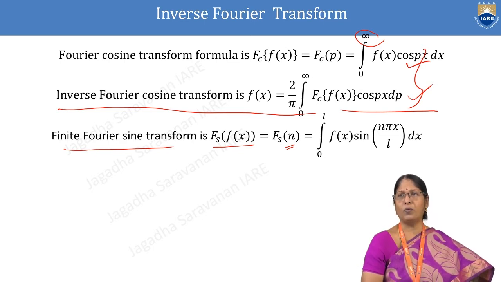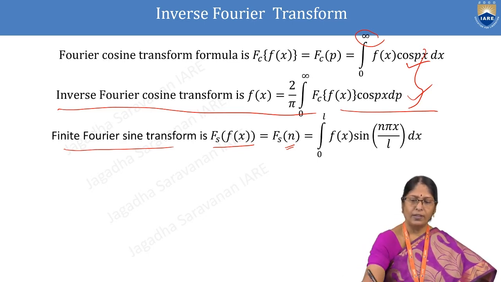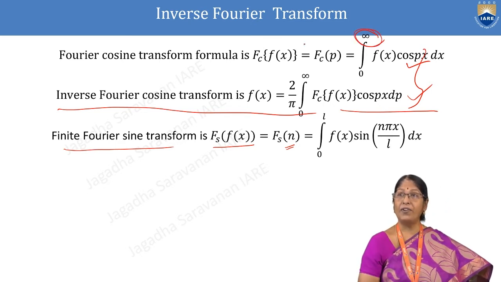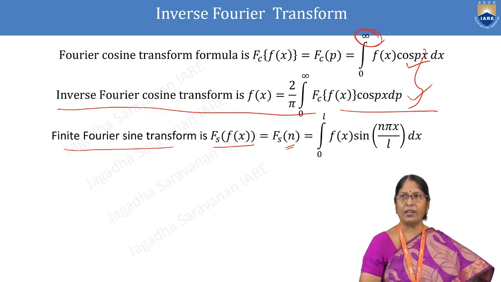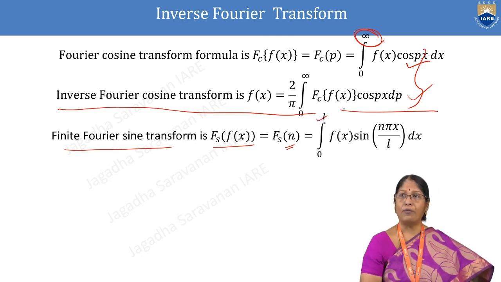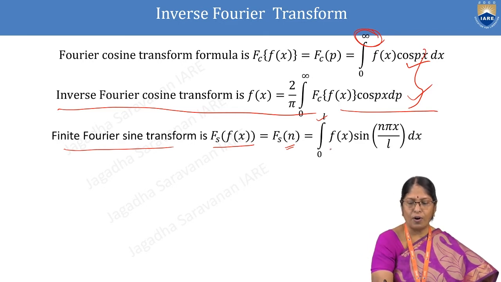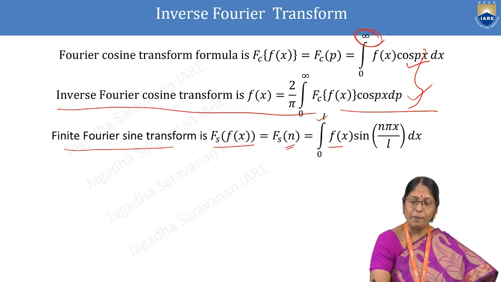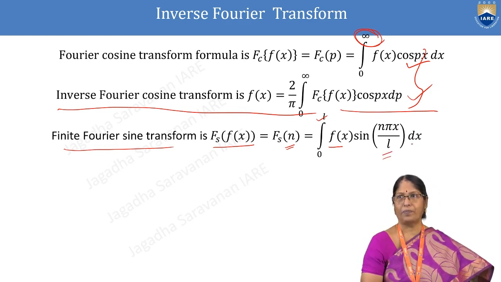But the main thing to remember is that infinity makes it infinite, whereas here the limits are only 0 to L, so it is finite. f of x is multiplied by sine of n pi x by L into dx.